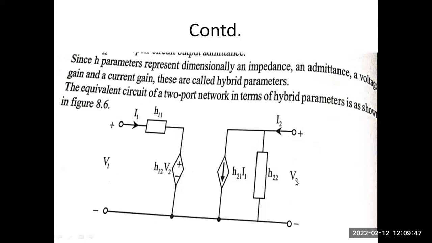Similarly, we have to match with the H parameter equation: I2 equal to H22 into V2 plus H21 into I1. Now this is a dependent current source, which means this current is dependent on the input current.